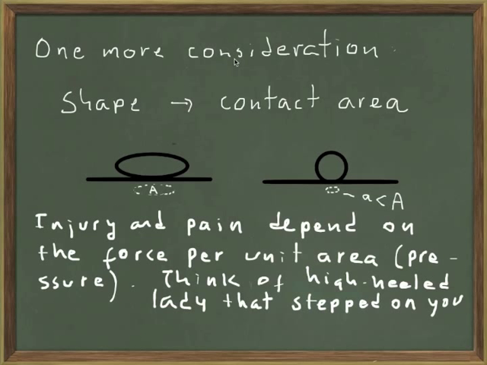So the area of contact is important. If the ball gets deformed a lot in the collision with you, then the area of impact is bigger, and the pressure applied, which is the force divided by the area, we'll talk about that when we talk about fluids, is smaller in this case than in this case, right?